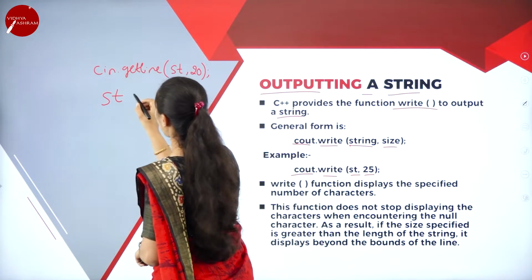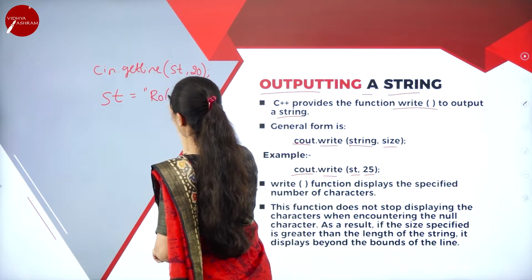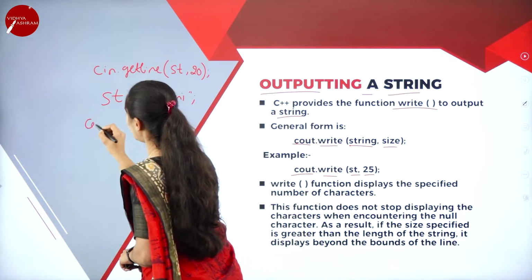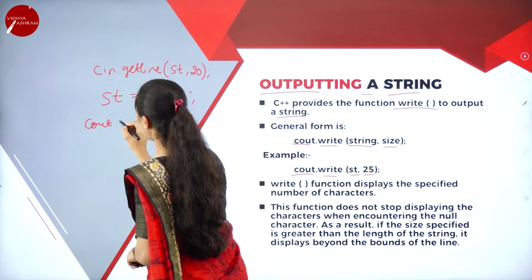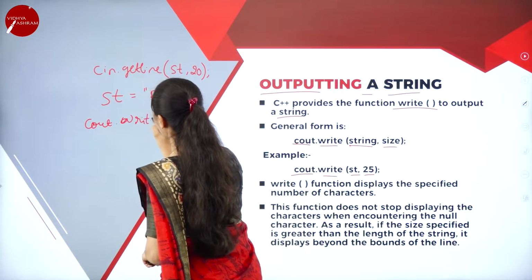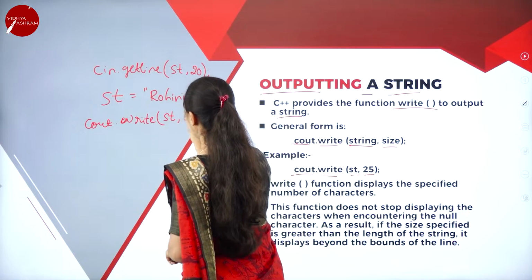Next, I am going to initialize this st with only 6 characters. After that, let me display the output with cout dot write, taking st comma 3.